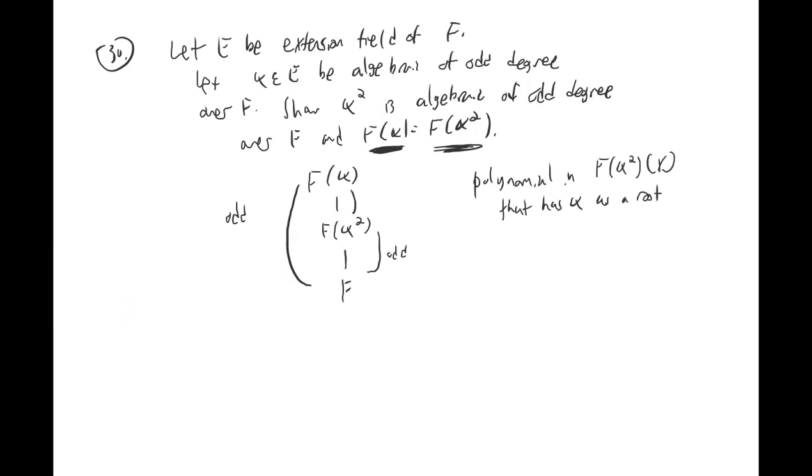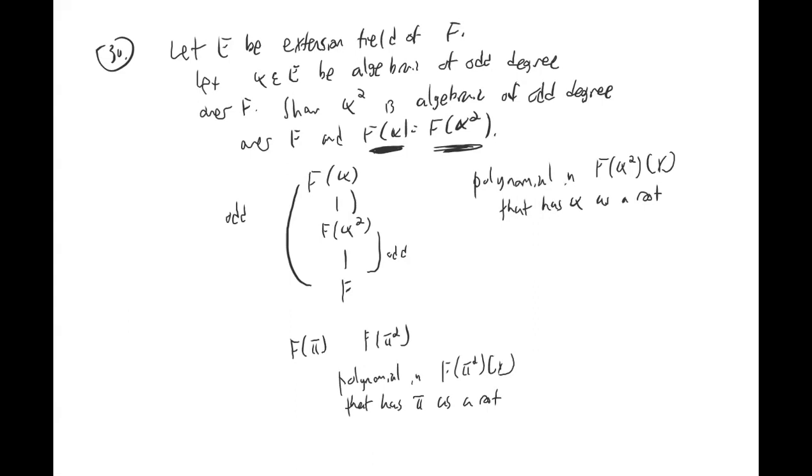So if you don't like this, how about this? F of pi squared. So give me a polynomial in F of pi squared of x that has pi as a root. Maybe the alpha is scaring you.